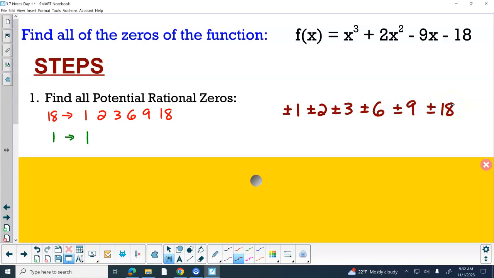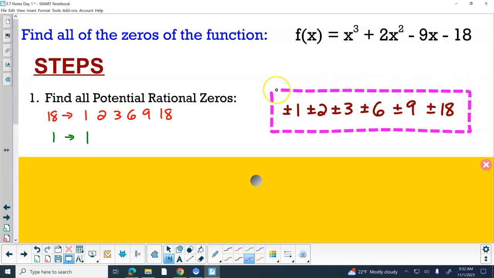Which could be a question on Friday's quiz. We could stop right there and say, just find me the potential zeros. So that's one possible question.